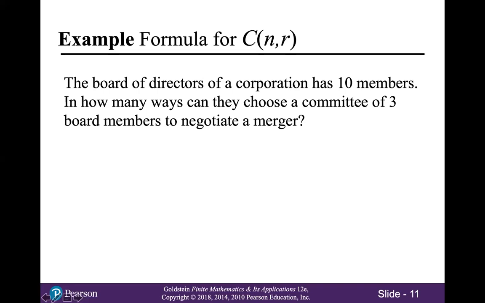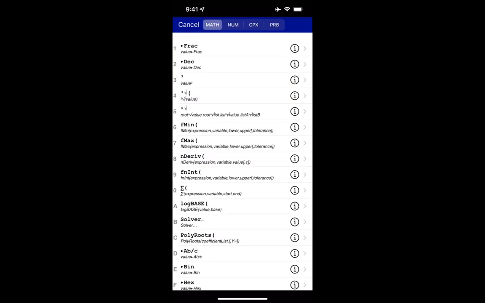All right, so this time n is 10 and r is 3. So I'm going to start by putting in the number 10. And then I'm going to press math. By the way, if you have a TI-30, for example, scientific calculator, you should have a button right on your calculator that says PRB. So hopefully you have your calculator in your hand. Look down at your calculator, look for the PRB button. And at this point, you're going to press that button. I'm going to press math and then go to PRB.